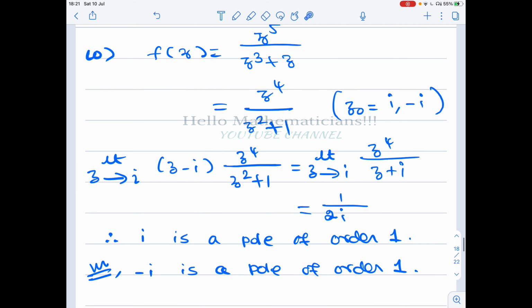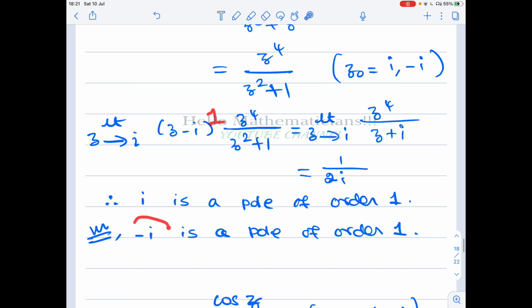Therefore, we conclude that this limit is finite, meaning that i is a pole of order 1. Similarly, you can argue that minus i is also a pole of order 1, or a simple pole.